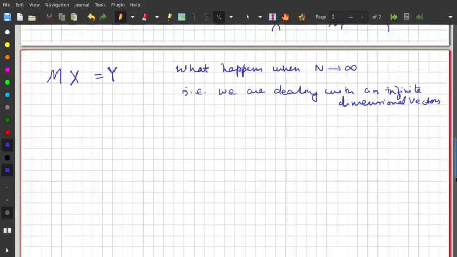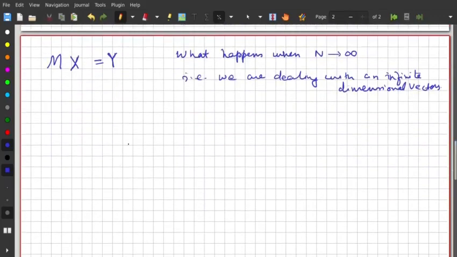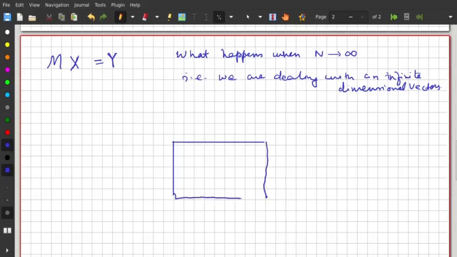So as you see, the logic remains the same. We have some kind of a function box, some kind of a black box. It takes an infinite dimensional vector.